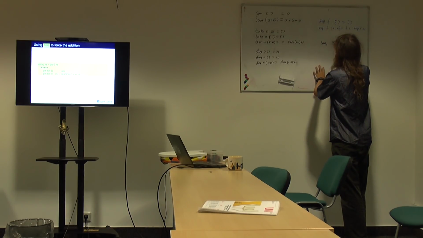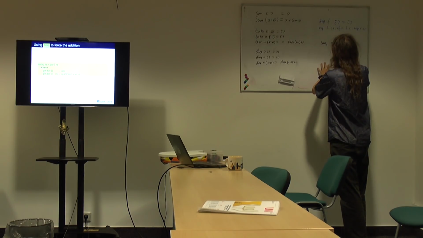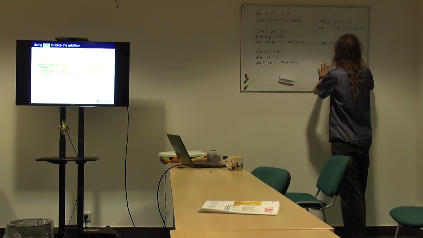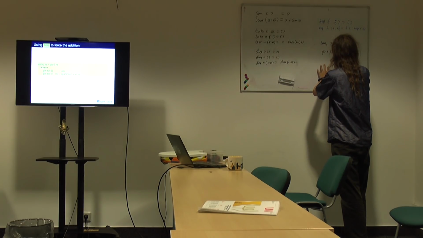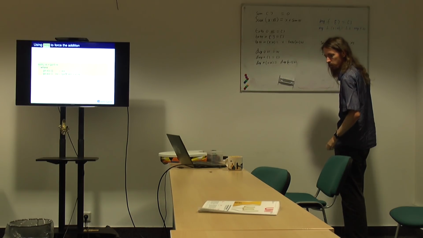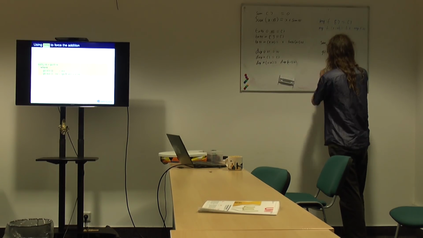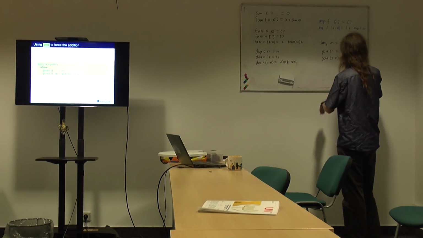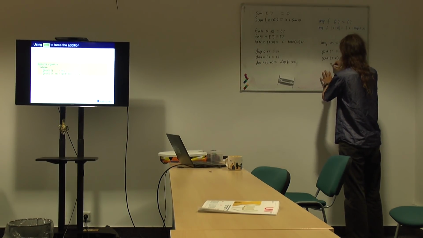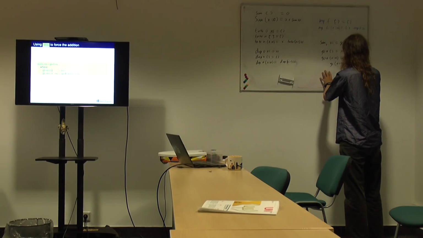This version of sum is going to be done in accumulator style. sum xs = go 0 xs, and then go a [] = a, A for accumulator, and go a (x:xs) = go (a + x) xs.